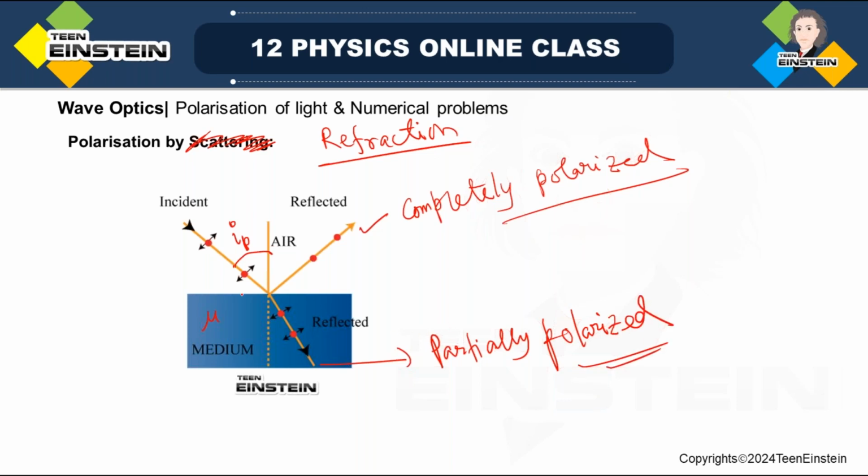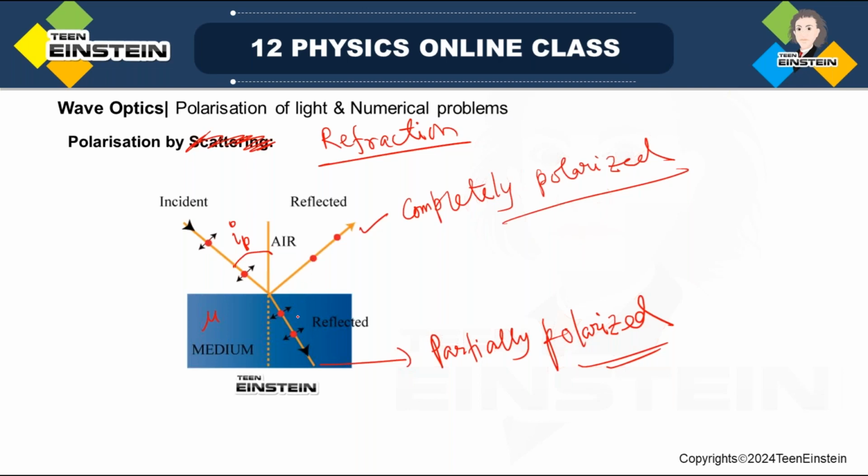At all angles of incidence, it doesn't happen. Polarization happens at a particular angle of incidence, that is called the angle of polarization, or Brewster's angle. At that angle, the light will be refracted to the other medium, and at the same time some part of the light will be reflected.